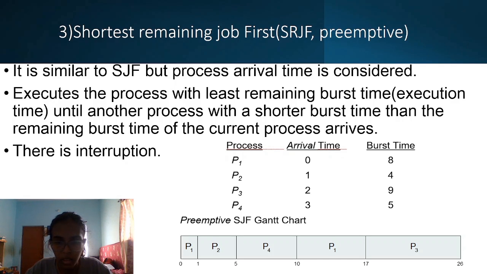Since process P4 has less burst time than the remaining burst time of process P1, it is executed first. Then the remaining burst time of P1, which is 7, as one burst time was already executed at the beginning of the Gantt chart, is lesser than the burst time of process P3. Process P1 is executed first and process P3 is executed at last as shown below.